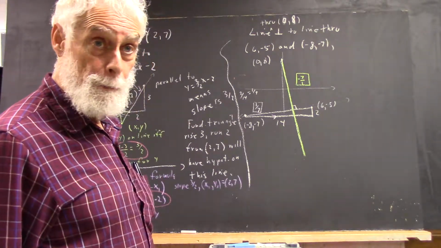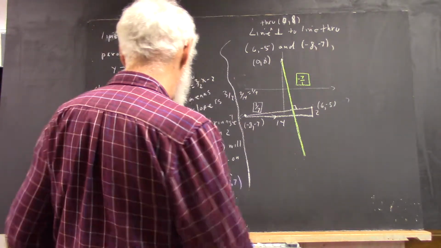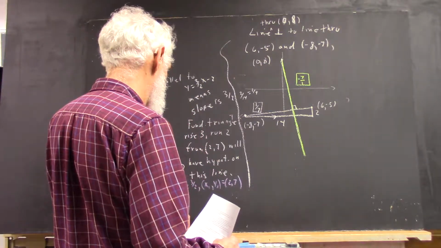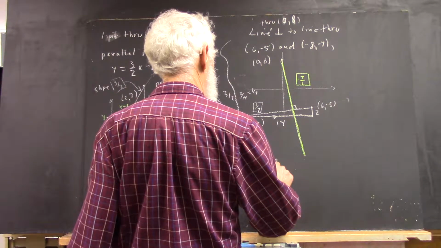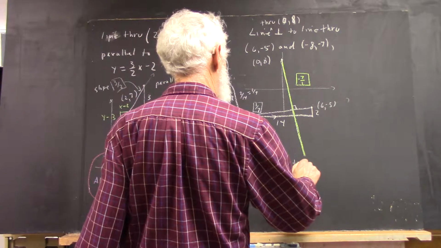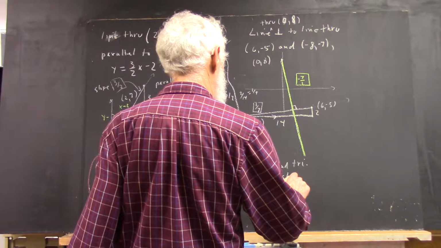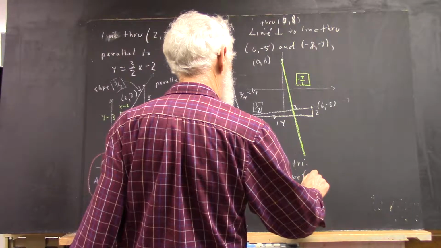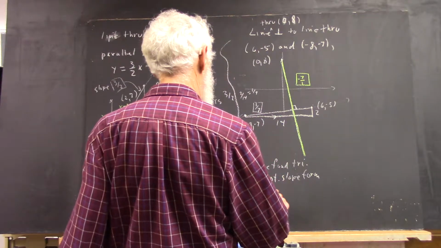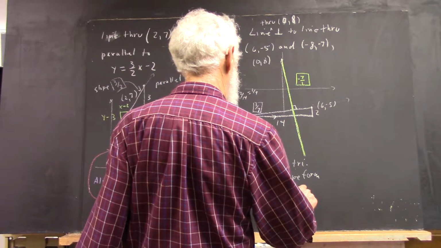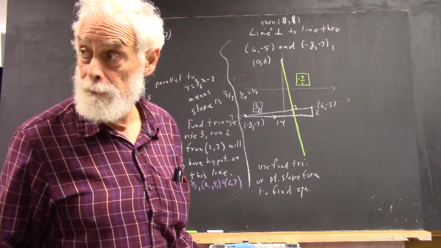So now what am I going to do? At this point, this one's kind of easy. I can use a fundamental triangle in the point slope form to find the equation, right?